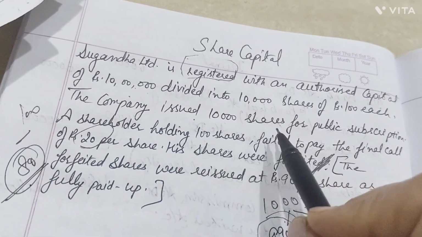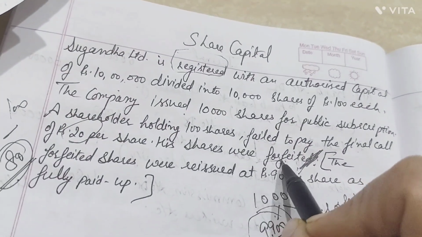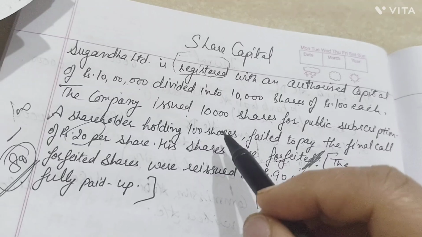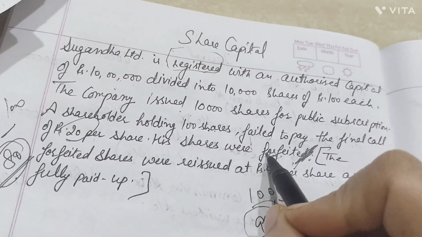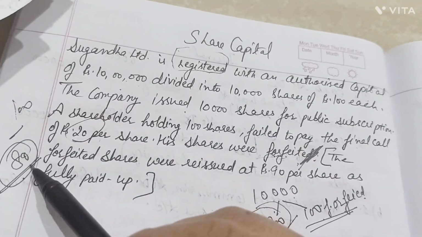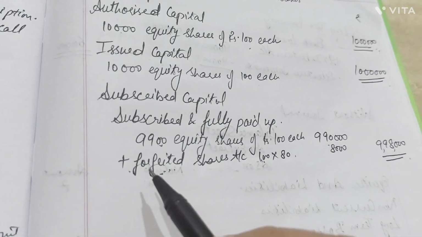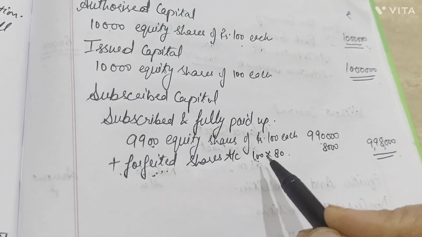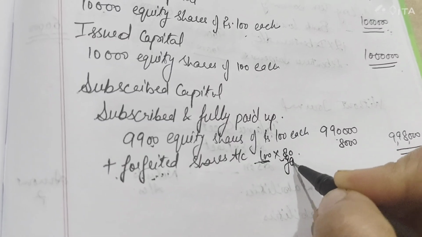When these shares failed to pay the final call, the company forfeited their shares, meaning the company took back their 100 shares and also kept the money of rupees 80 per share with itself. So the company has a total benefit on these 100 shares of rupees 80. This is known as a gain.